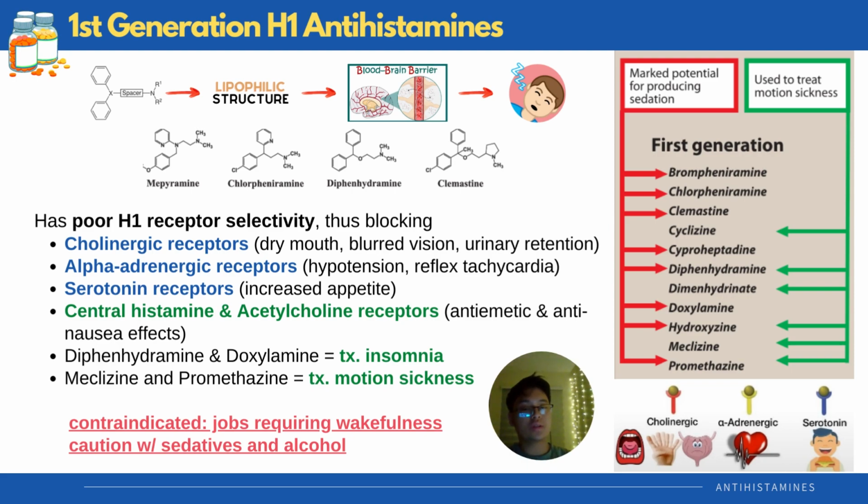Although all of these drugs are useful in relieving allergy symptoms, some of them are often used for other therapeutic indications. An example of this would be diphenhydramine and doxylamine, which are often used in the treatment of insomnia, while meclizine and promethazine are more often used in the treatment of nausea and vomiting related to certain conditions such as motion sickness.